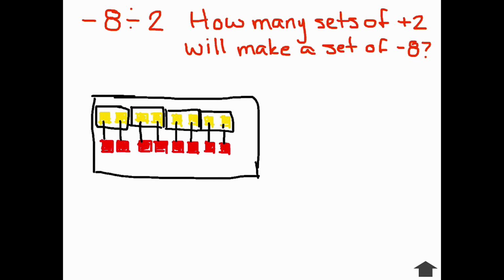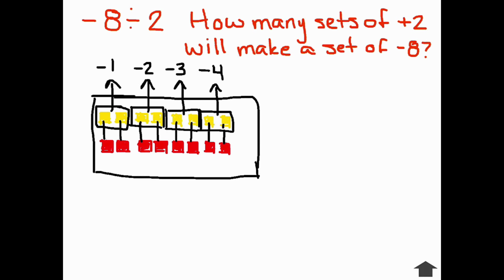I can do that by removing my sets of positive 2. So I've subtracted 1 set, subtracted 2 sets, I've subtracted 3 sets, and now I've subtracted 4 sets.